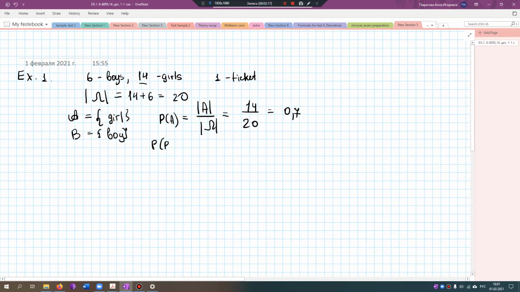Speaking about the probability of the event B, again we will need to divide the size of B by the overall size, and we will get 6 divided by 20. Our probability will be equal to 0.3. In sum, these probabilities will give us 1, because there are only 2 events possible in this case.